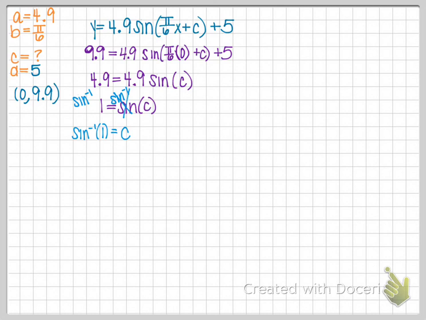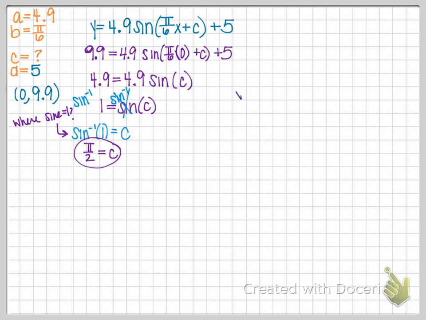So now remember, this is asking, where is sine equal to 1? So my sine is 1 at pi over 2. And my sine is 1 at, oh no, it's not 1 at 3 pi over 2. I lied to you. That's negative 1. JK. So pi over 2 is what I'm going to be using for that guy.